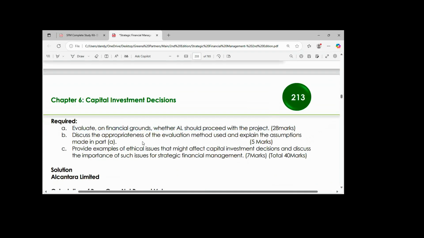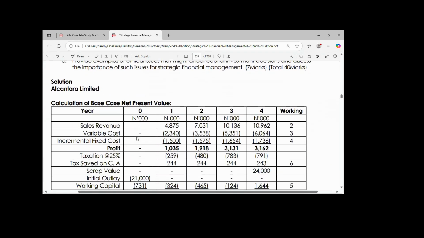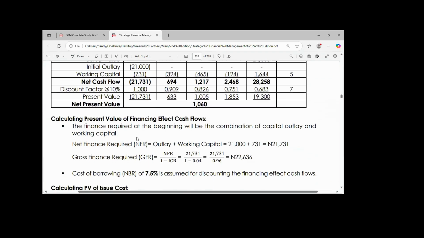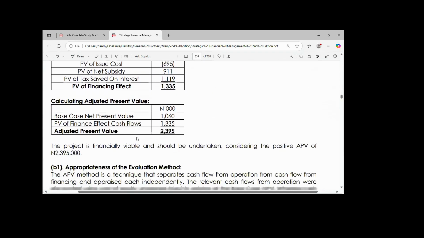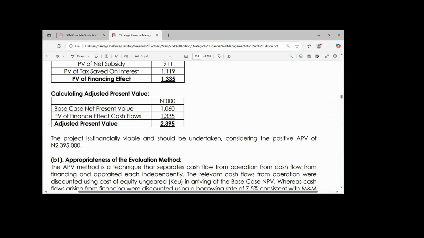Okay, since the project produced a positive APV of 2,395,000, then the project is financially viable and should be undertaken. All right. So the project is financially viable and should be undertaken considering the positive APV. So this is how to calculate adjusted present value.